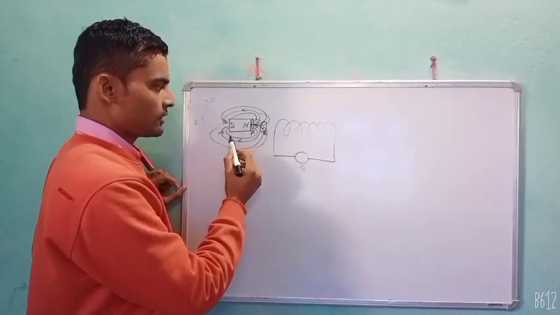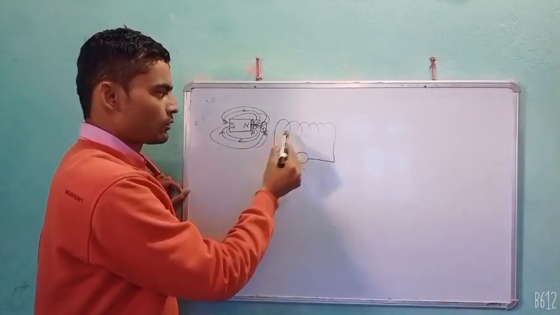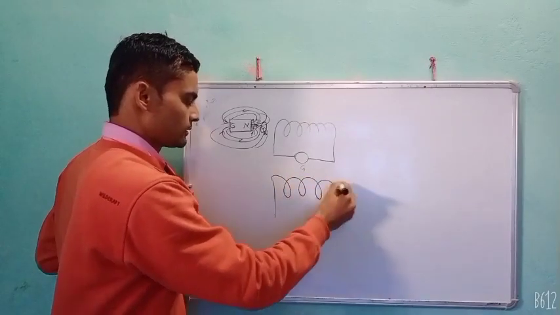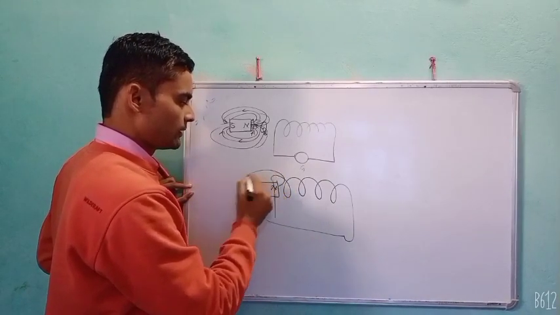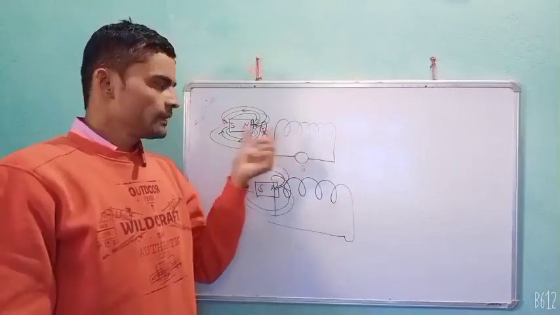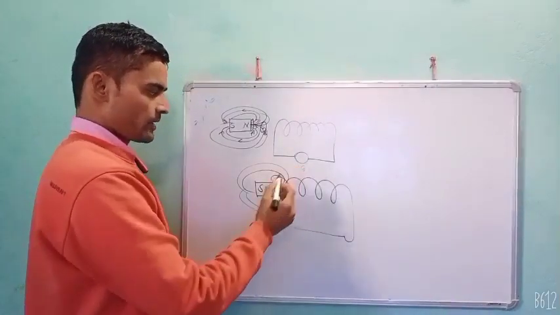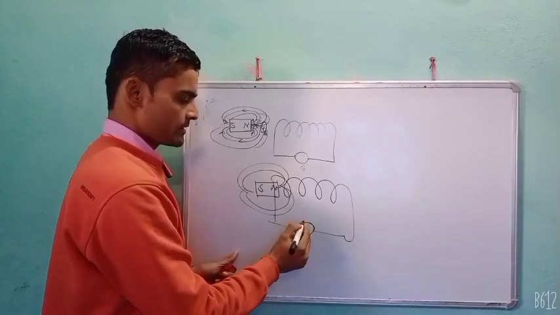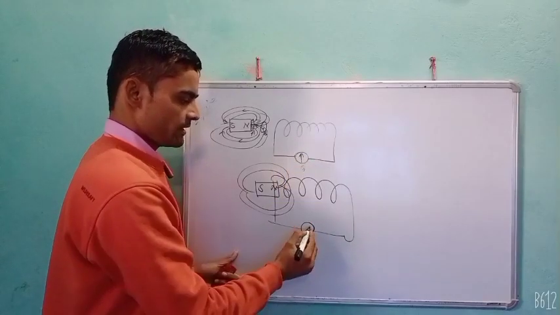When the north pole starts approaching the coil, the magnetic field in the coil is changing with respect to time, and a changing magnetic field produces a deflection in the galvanometer.